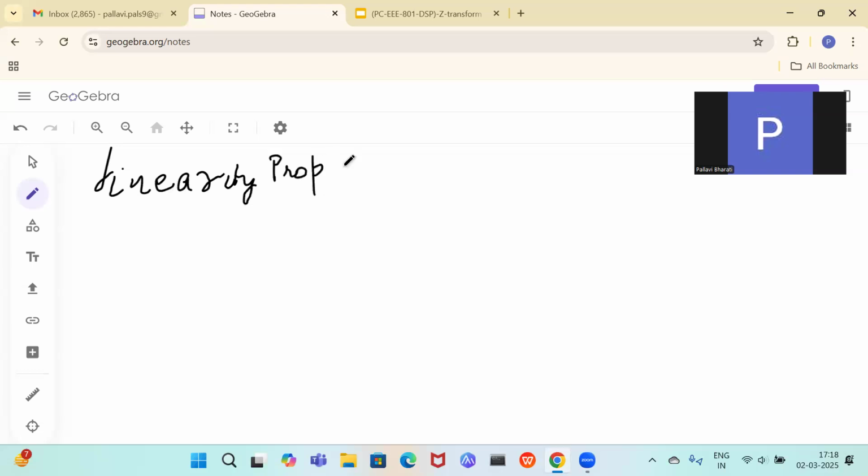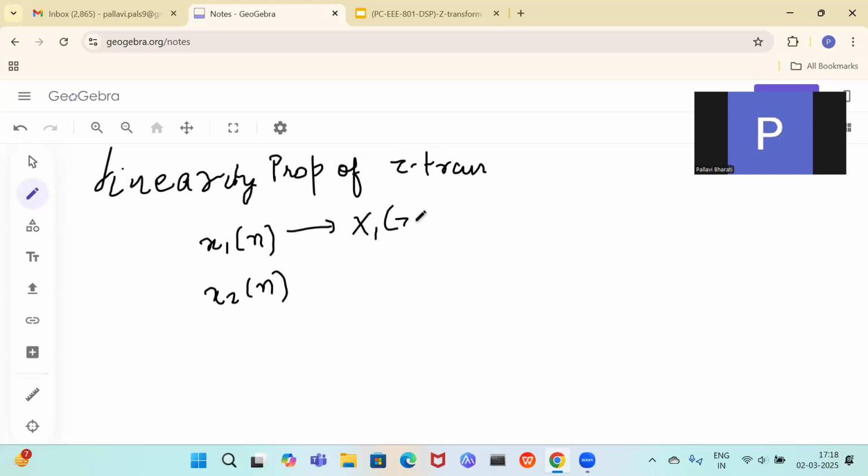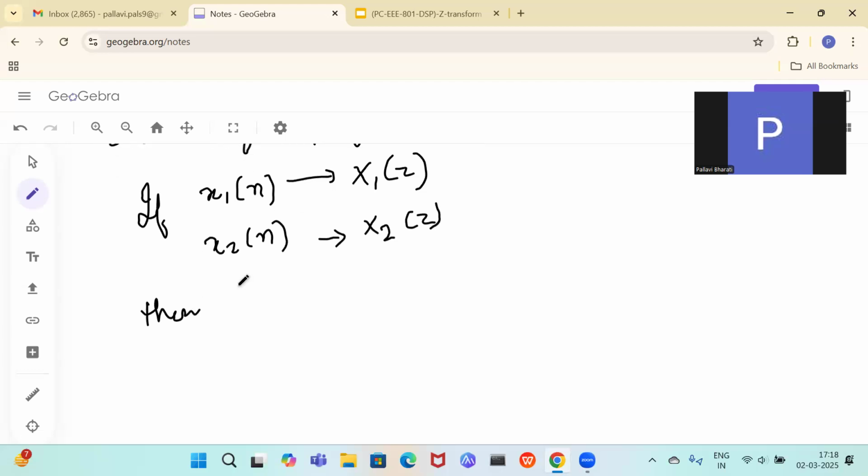Linearity property of Z transform. What we have to understand over here is that if you have two signals, x1n and x2n, and the respective Z transforms are known, that is for x1n it is X1(z), and for x2n it is X2(z). If you are asked to take out the Z transform of the weighted combination of these two signals, what does weighted combination mean?